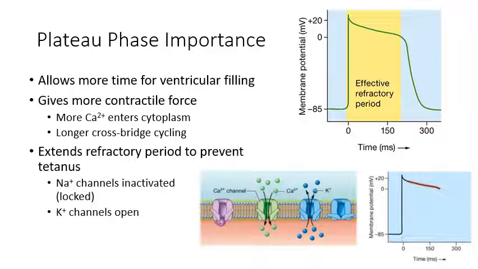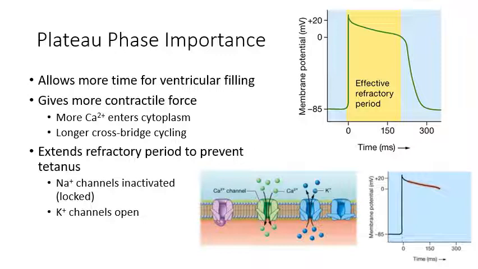But as long as the channels are inactivated or locked, they cannot open, and they're going to remain inactivated until the voltage dips below about 0 millivolts. So as long as you're in the plateau phase, your sodium channels are going to remain locked and you cannot fire another action potential no matter what.